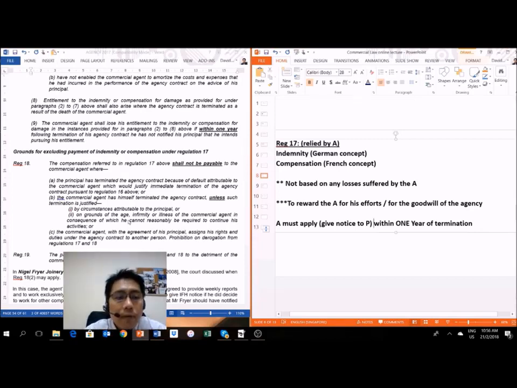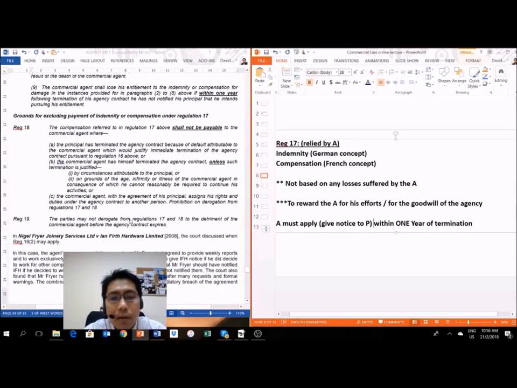Now in your notes you have several cases that illustrate how these two concepts operate. And all these cases are not found in your subject guide, but it's here, right? So you can go through and read on your own to have a fair picture of how we calculate indemnity or how we calculate compensation.